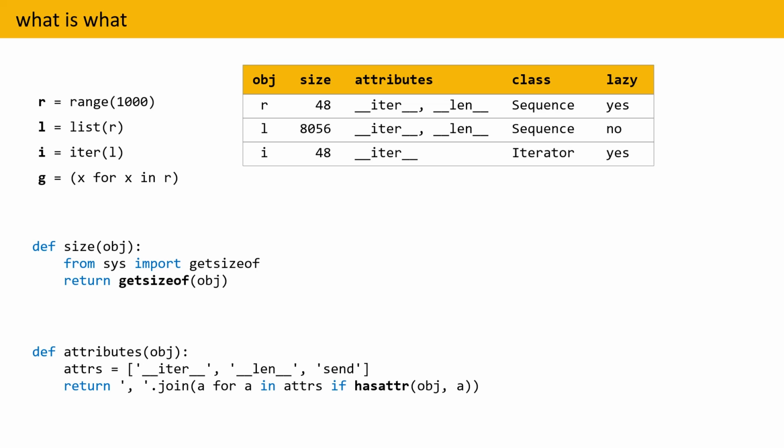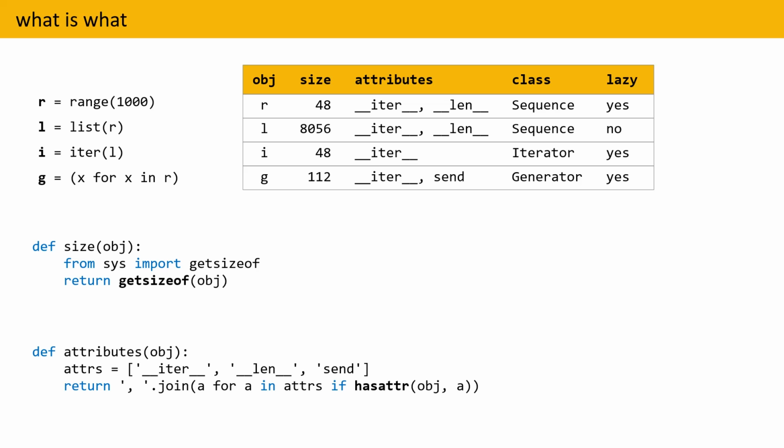If we create an iterator over the list, we can see that the size of the iterator object is again only 48 bytes, too small to store 1000 numbers, and the iterators are therefore lazy. Regardless of how large the list is, the iterator object will be of constant small size. Generator objects are slightly bigger than iterators, but lazy, and therefore constant in size as well. Generators provide an easy way to create iterators.